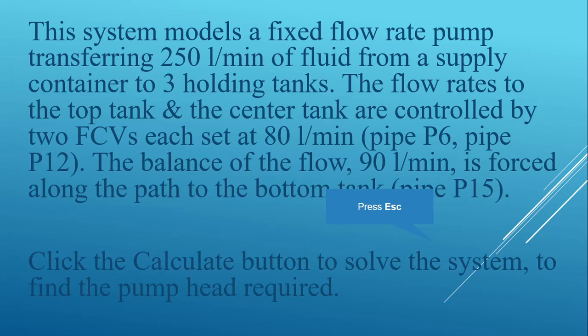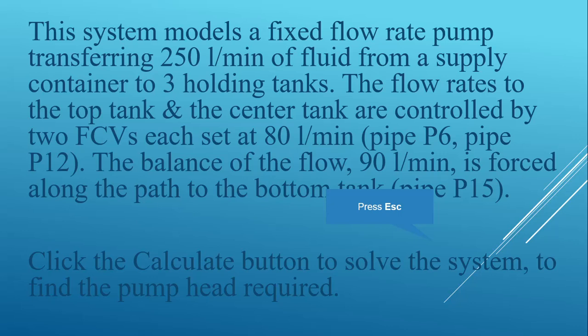This system models a fixed flow rate pump transferring 250 liters per minute of fluid from a supply tank to 3 holding tanks. The flow rates to the top tank and the center tanks are controlled by 2 flow control valves, each set at 80 liters per minute, in pipe P6 and pipe P12.